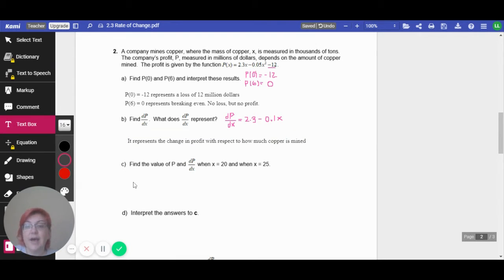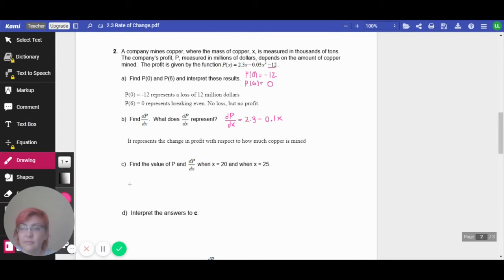All right, so now let's find the value of P and the derivative of P with respect to X when X is 20 and when X is 25. Okay, so when X equals 20, let's find P of 20.